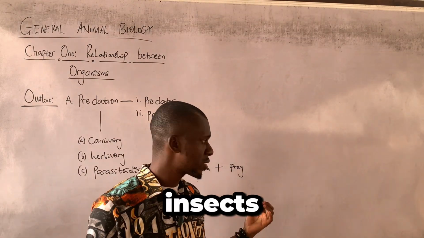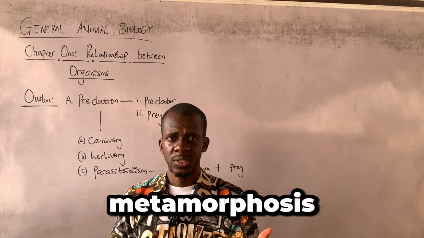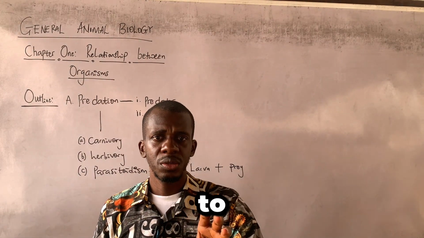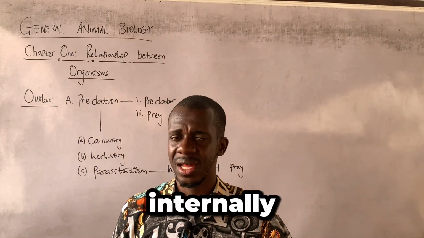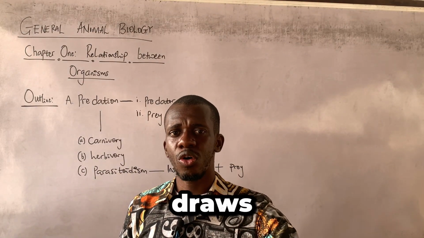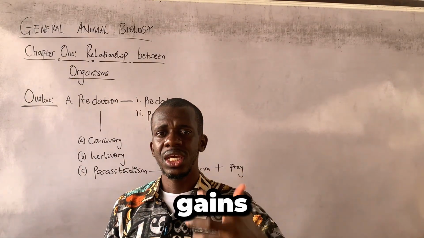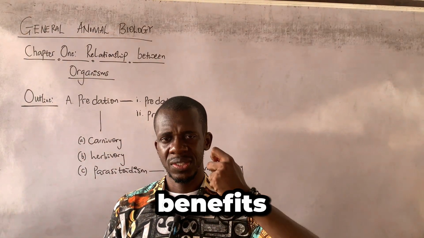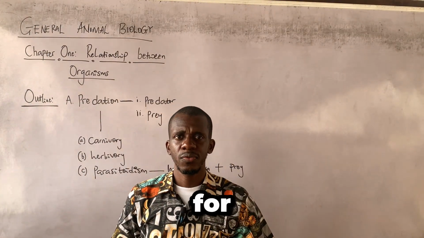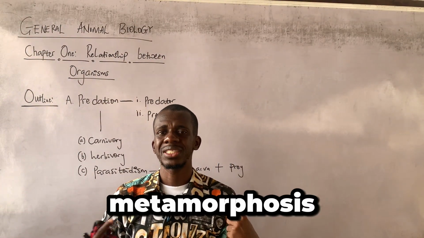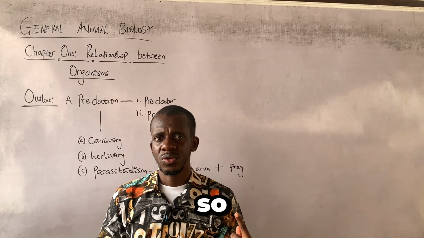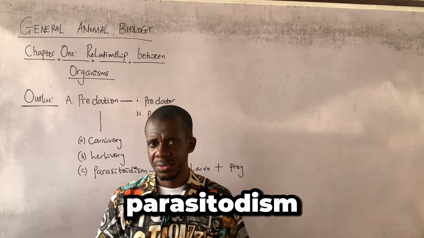You know, insects carry out metamorphosis. So the insect larva is introduced to the body of the prey, either internally or externally. And then this insect larva draws nutrients. It gains certain benefits from the prey, which it uses for its growth, for its metamorphosis. You see that now? Excellent. So that is what we call parasitoidism.